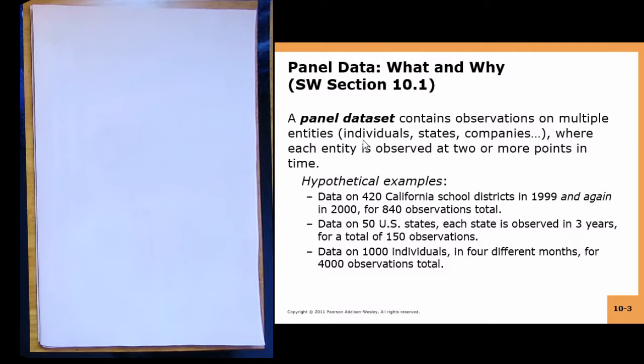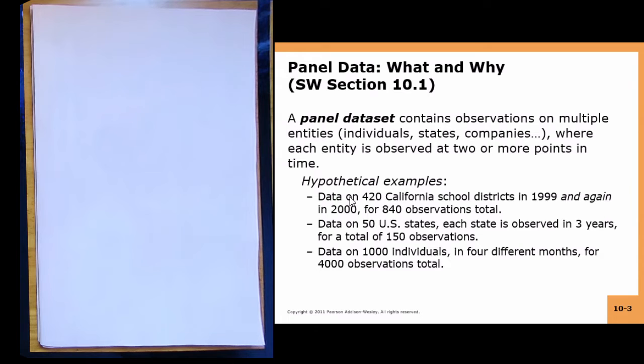These entities may be individuals, they may be states, they may be companies, they may be countries. Each entity is observed at 2 or more points in time. So even if you observe them over just 2 points of time, even that is called panel data. But if you have more years that you are observing the same entities, of course, you have a larger panel data set.